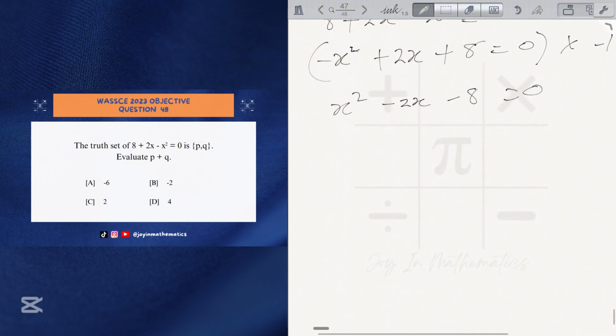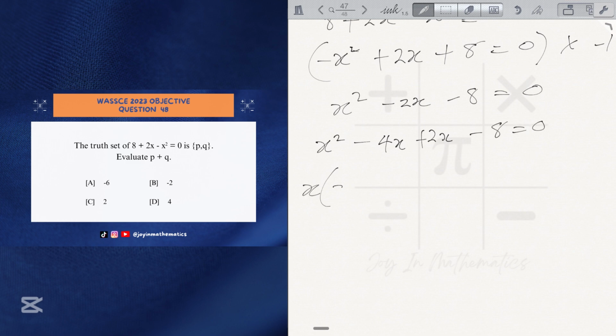Now to solve this equation, we have to look for the two values such that when we add them together they give us minus 2x, and when we multiply them together they give us minus 8x squared. Those two values will be minus 4x plus 2x, so that when we add these two together we have minus 2x. So let's factorize now.